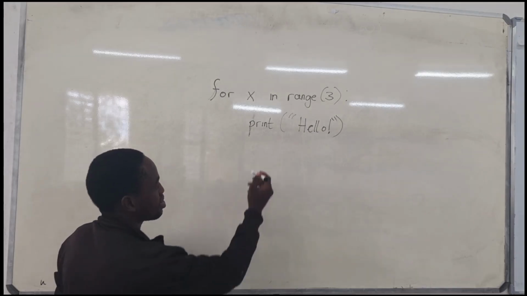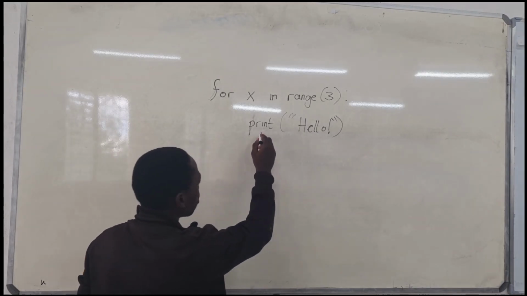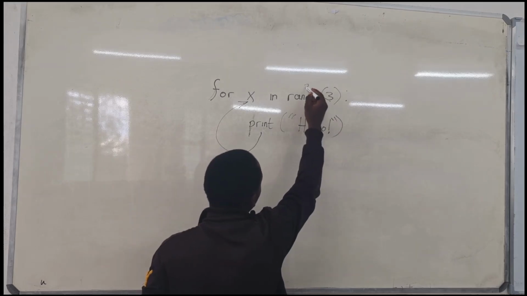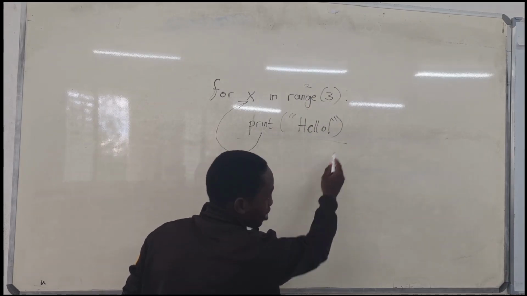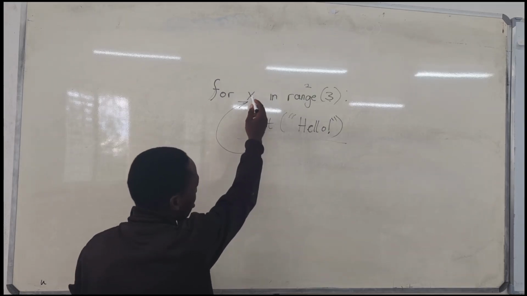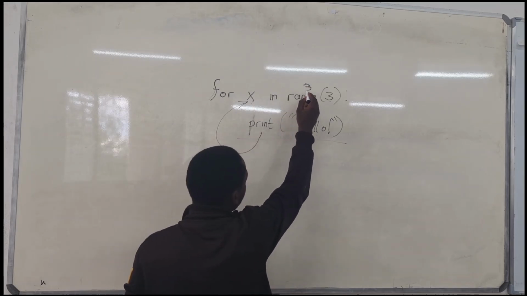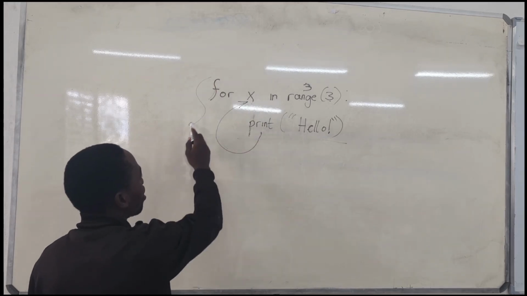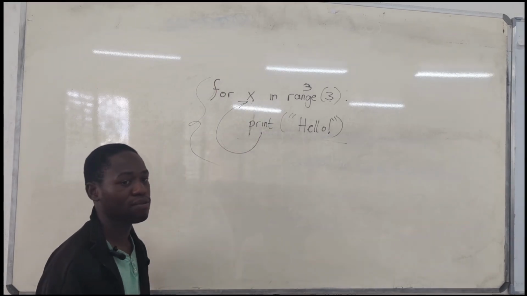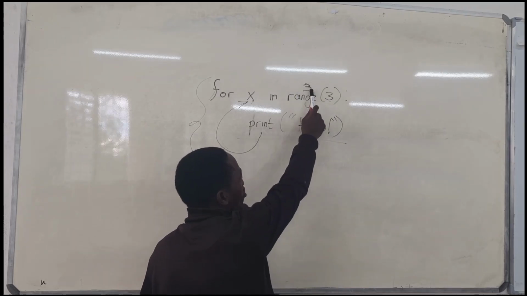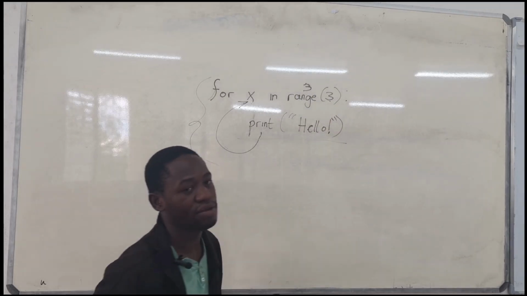When it prints this, it will increment this X. This X will now be 2, and then it will print this again. And then it goes back, increments it, it becomes 3, and then it will print this. And then this code will finally stop executing, because it has reached the number of times we told it. X has now reached the value of 3, which we specified here.